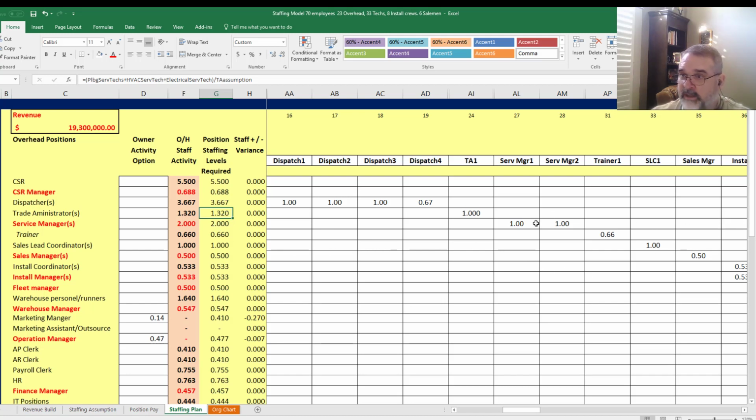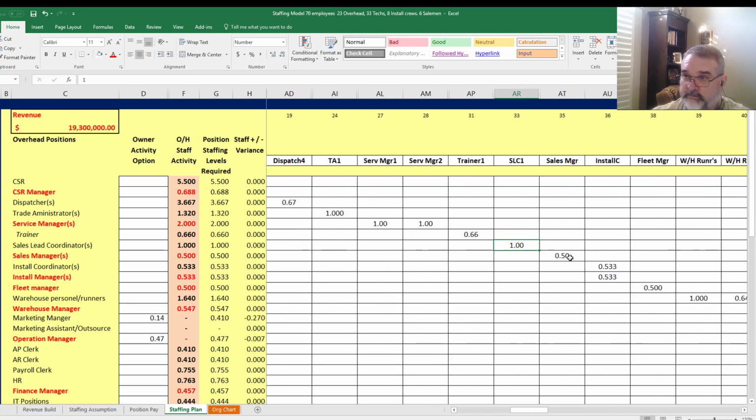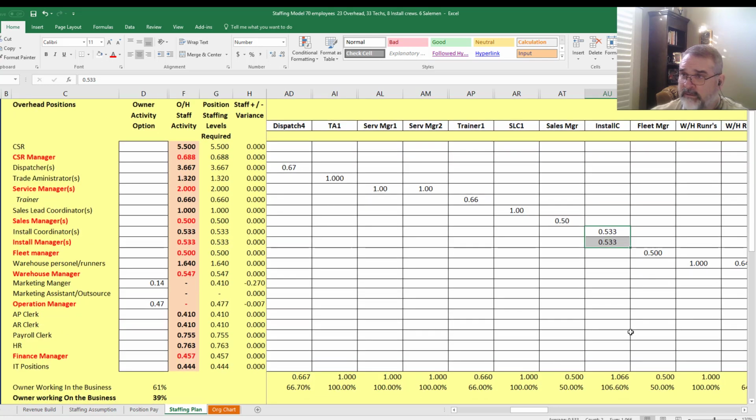All right, so just coming down the line, still got 2 service managers. I got a 66% trainer. I got a sales lead coordinator full time now because I've got more salesmen. I got a sales manager. 50% of his time is being done as a sales manager because he's only got 6 salesmen. Okay. Install coordinator is now at 106%.